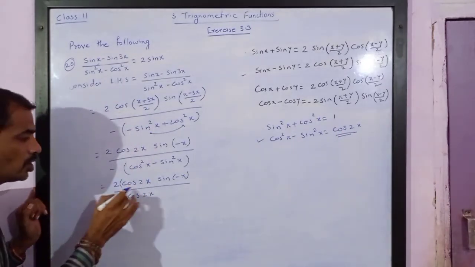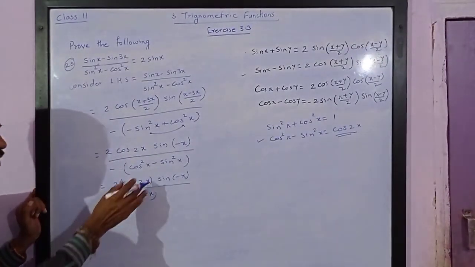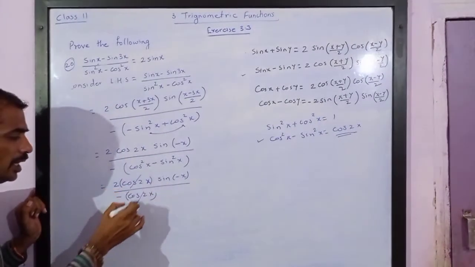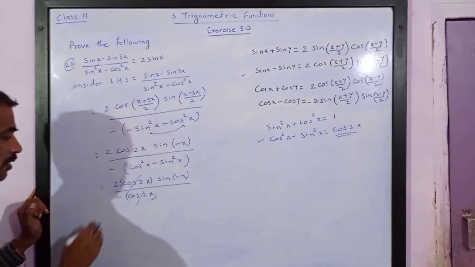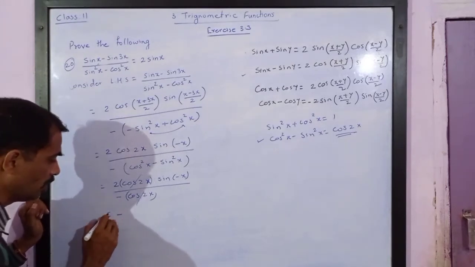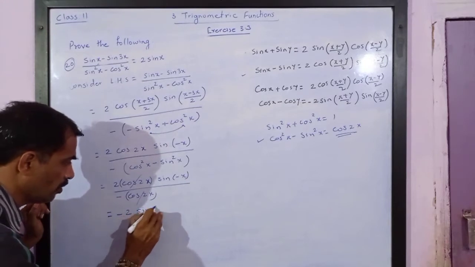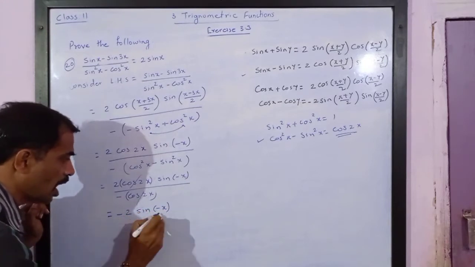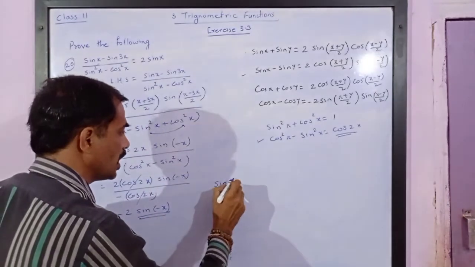We have a cos 2x term at the numerator and a cos 2x term at the denominator. So this term can be eliminated, since all are multiplications. So what is left with us? This negative sign is left, I am writing it at the numerator, 2 times sin of minus x. Now we have an identity for this, sin of minus theta is equal to minus sin theta.